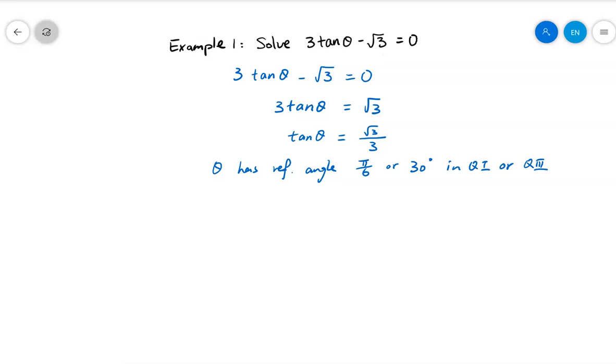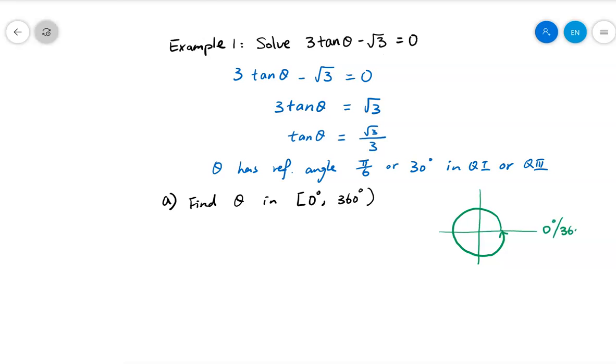So with those two pieces of information, if my question is asking to find theta in the interval of 0 degrees to 360 degrees, that means I'm asking for all the theta angles that give me tangent of theta equal to square root 3 over 3 within one unit circle, or one revolution.